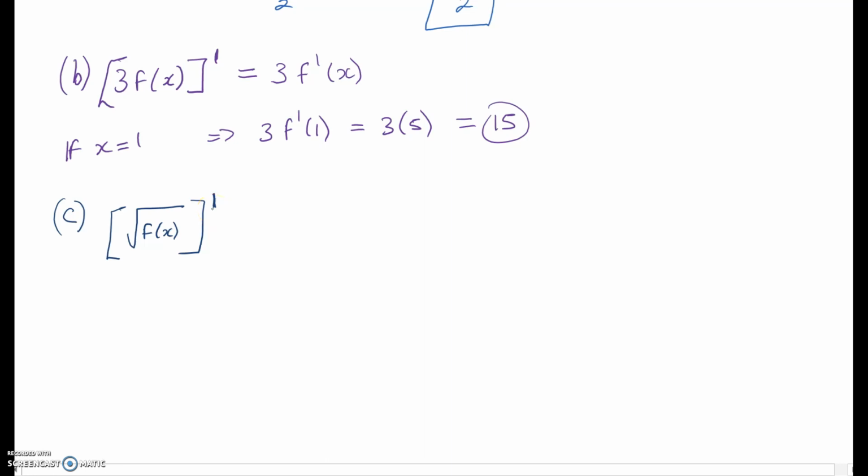Well, I guess you could do a couple of different things here. One thing that we normally do in calculus is, anytime we have a square root, we replace it with a power of 1/2. So this would become the derivative of f of x to the power of 1/2.